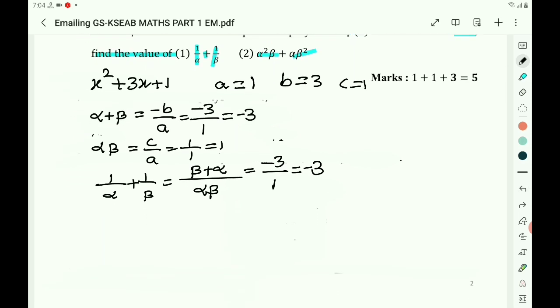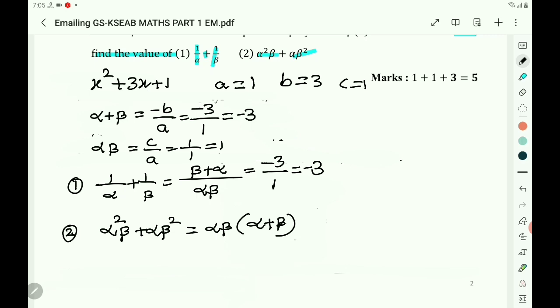This is the first one. Then you take the second one, alpha square beta plus alpha beta square equals, right, alpha beta. Here alpha beta is common into alpha plus beta equals alpha beta.